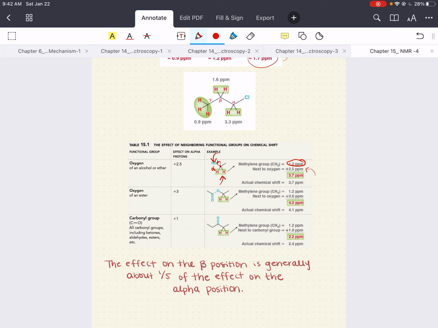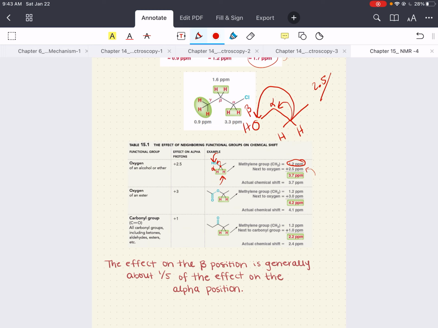Now if you have your carbon with 2 hydrogens, and your alcohol group is not at your alpha position, not directly attached, but at your beta position, so kind of like 2 atoms down right here, it's not going to have a 2.5 shift effect.